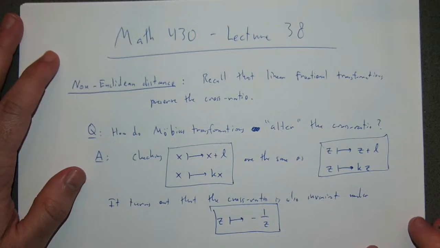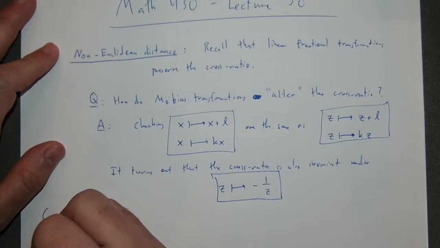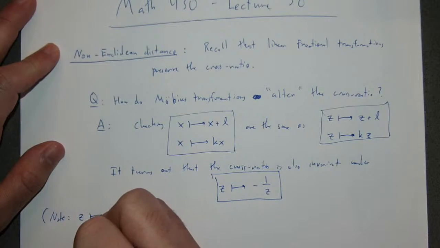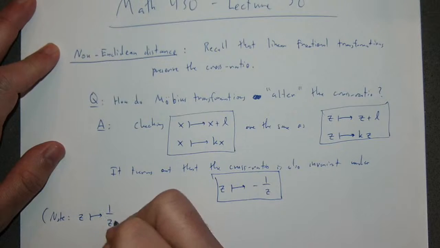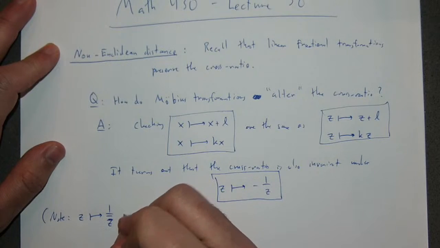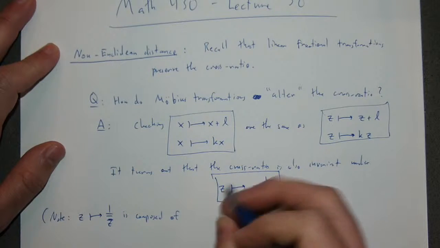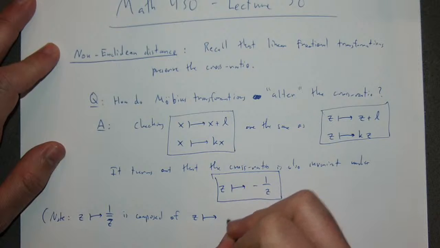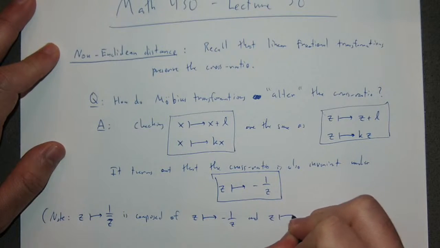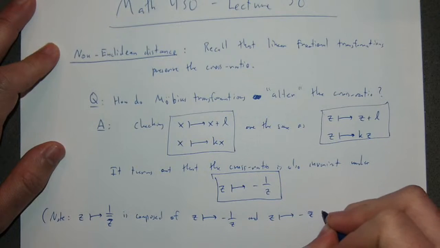Recall, as an aside, I'll say note: z goes to 1 over z bar is composed of z goes to minus 1 over z and z goes to minus z bar.